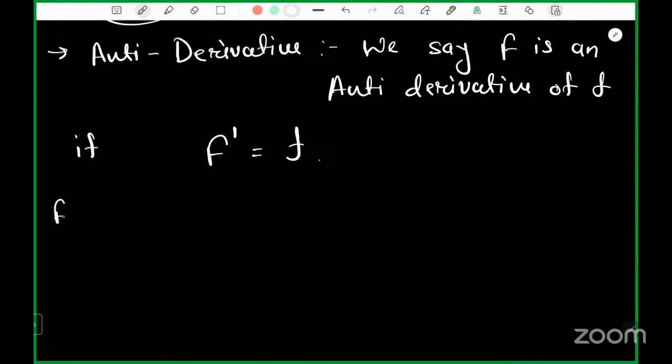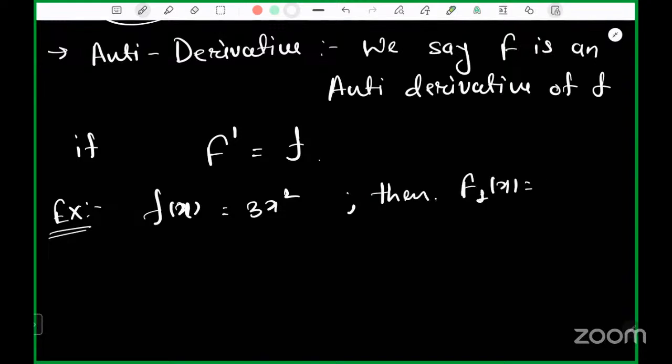For example, suppose the function small f of x is equal to 3x square. Then you can observe that if you consider capital F1 of x to be equal to x cube plus 1, then obviously F1 dash of x is 3x square.